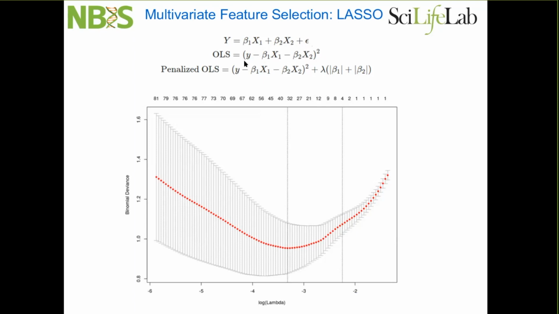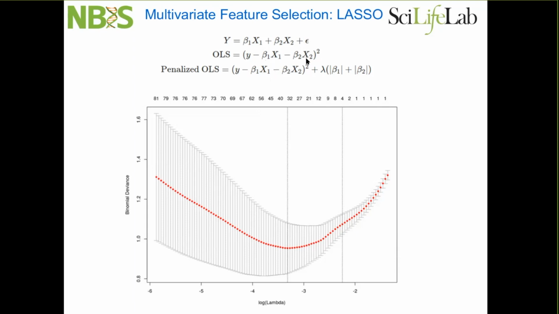On the right-hand side is the prediction of your model. If you compare this prediction with the true labels, that will be the error, and you want to minimize it. This is the so-called ordinary least square framework.